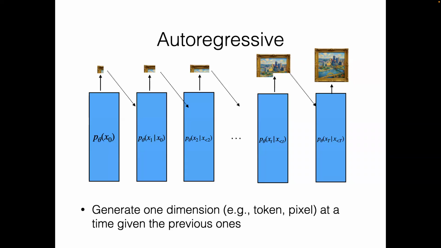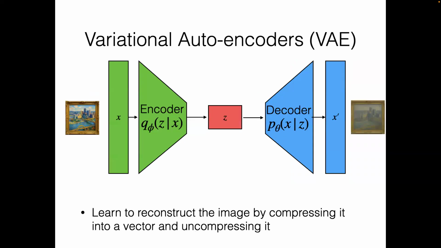So maybe you can actually just model images in this way. At each step you have the image so far, and you want to generate the next unit, potentially the next pixel. Okay, so that's something reasonable you could do. We'll return to that later.